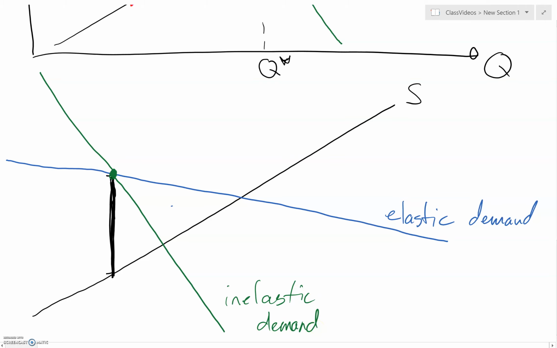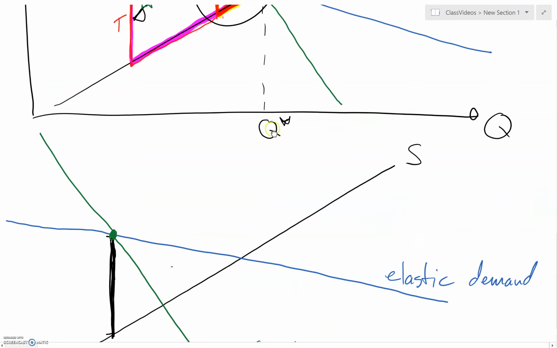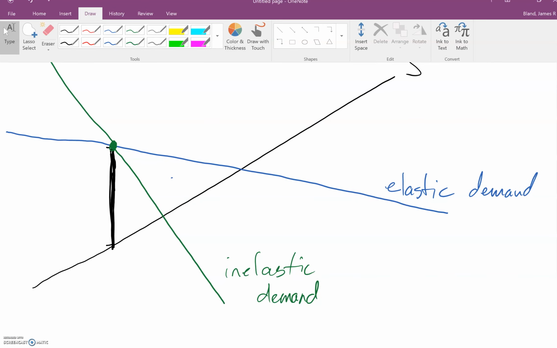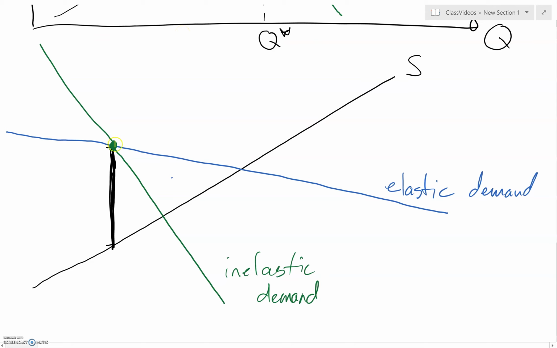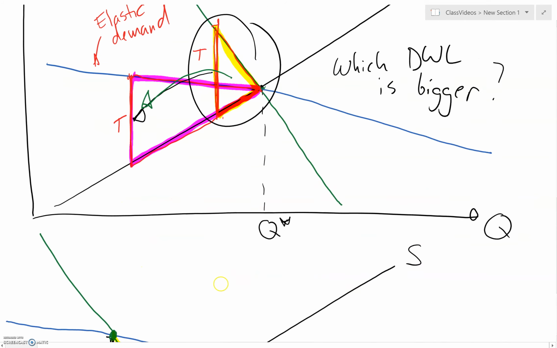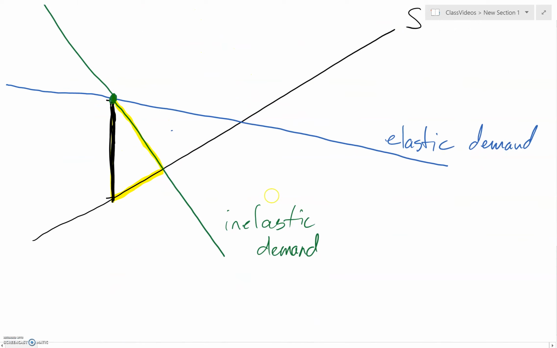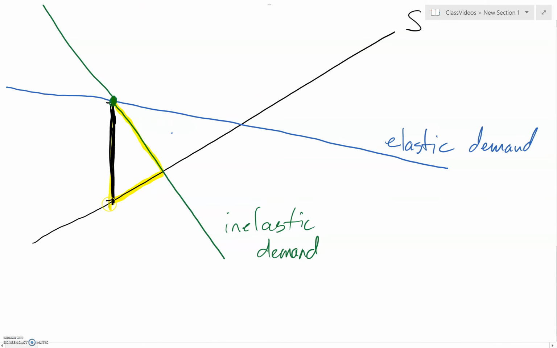Okay, and what we can see here, and what colors did I use over here? The yellow triangle is now this one, right? That's the triangle that lines up with the inelastic demand curve on that diagram. The yellow triangle is completely inside the pink triangle.